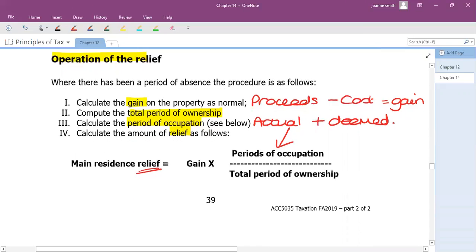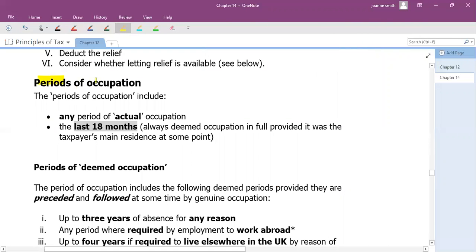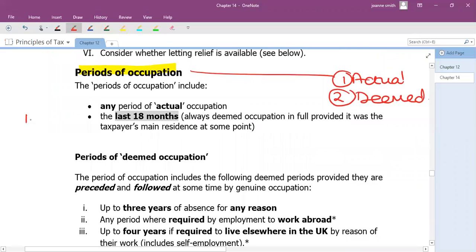So we need to know the difference between actual and deemed occupation. The period of occupation is either, let's put a note over here, actual or deemed. Actual occupation is where you physically live in the property, plus the last 18 months, right?